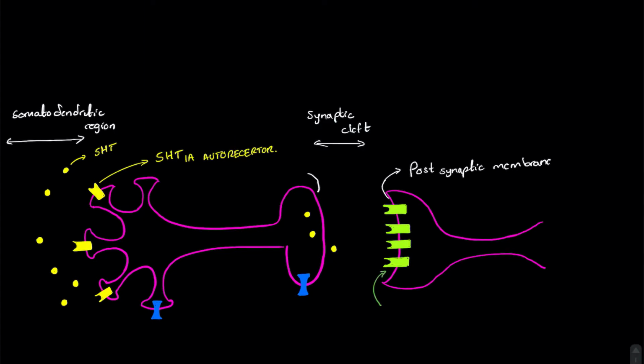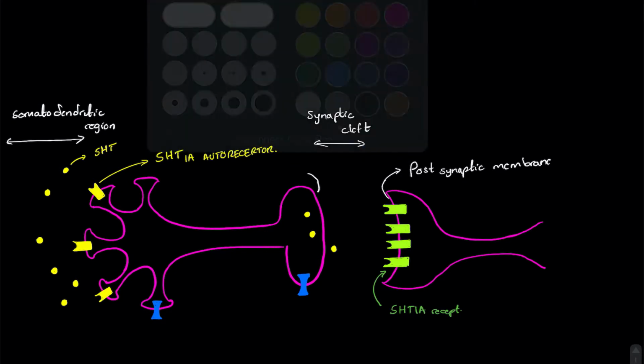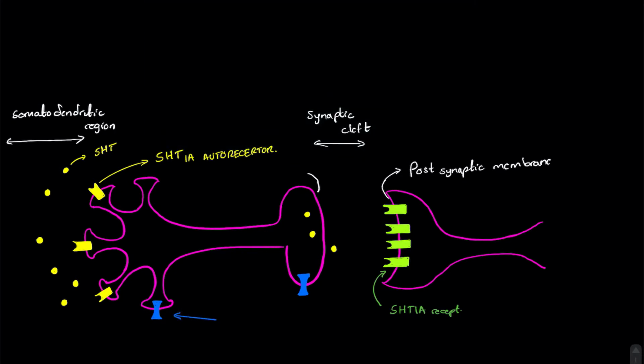Over here we have the 5-HT1A receptor, and these are the SERT proteins, or the serotonin reuptake proteins.